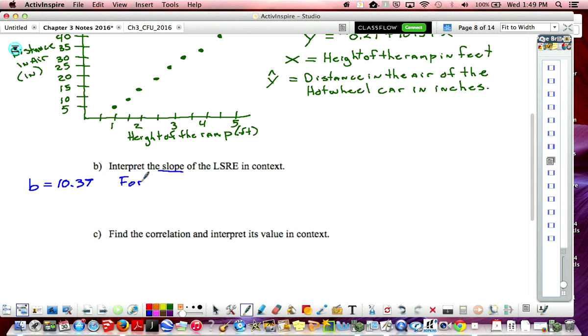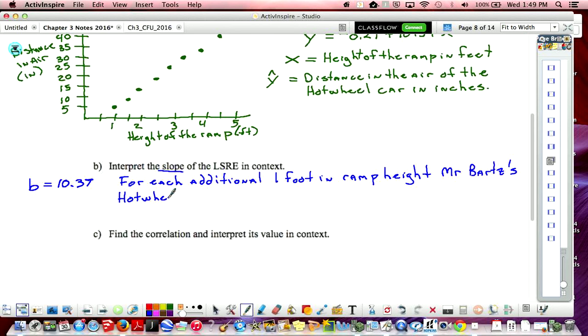So, for each additional 1 foot in ramp height, Mr. Bartz's Hot Wheel car will travel 10.37 inches in the air.